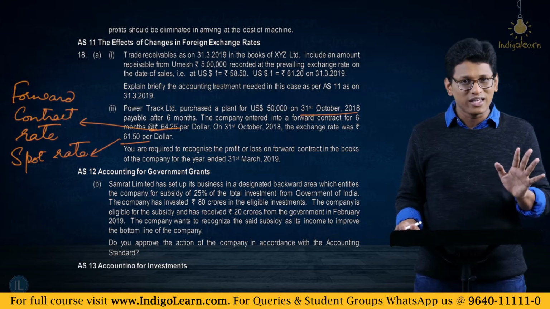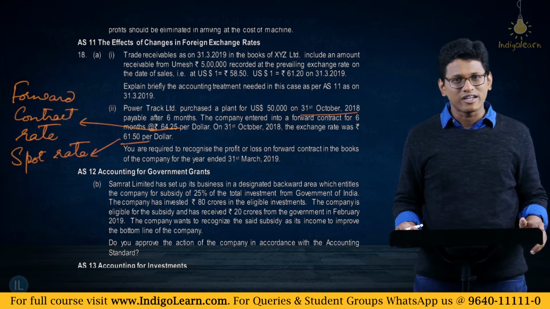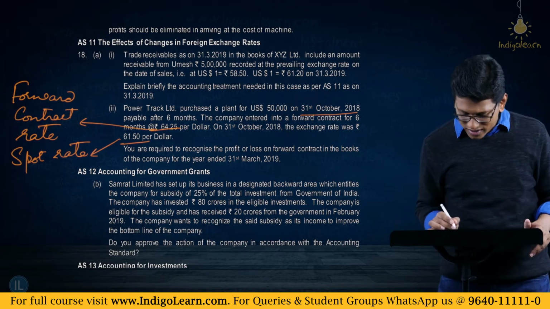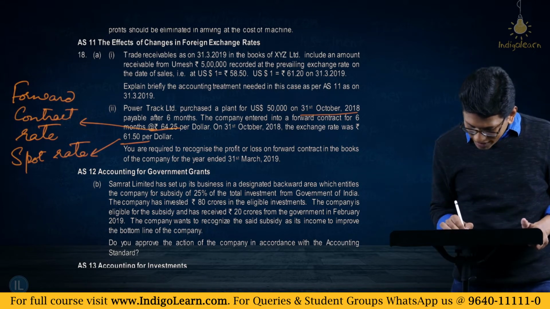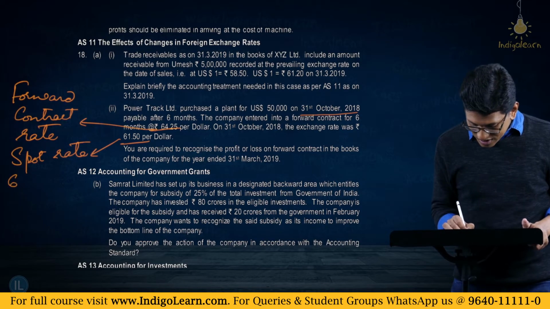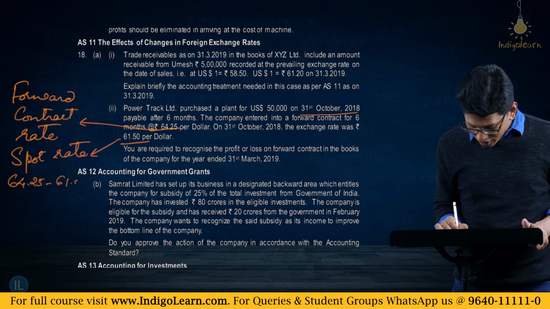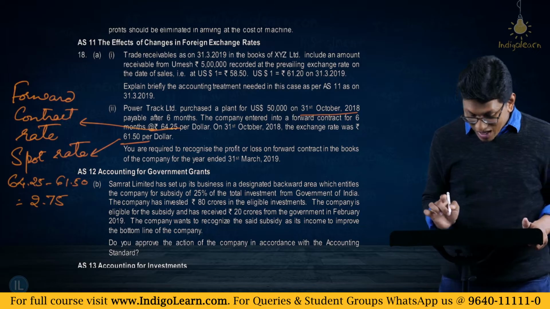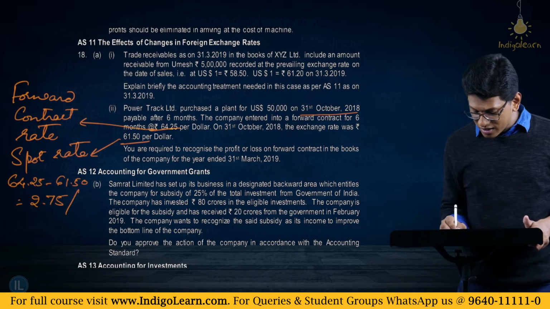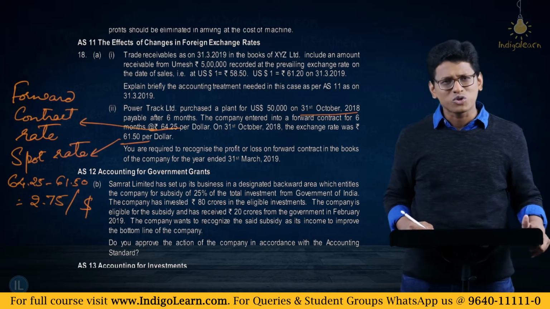No surprises for me, it is 64.25. Okay. Now, what is the extra which is being paid per dollar? Extra that is being paid per dollar is forward contract rate minus spot rate, which is 64.25 minus 61.5, which is 2.75 per dollar. Okay, it is per dollar. How many dollars are there totally?